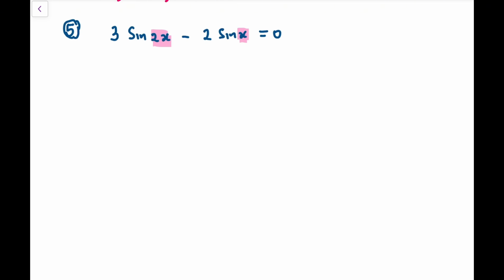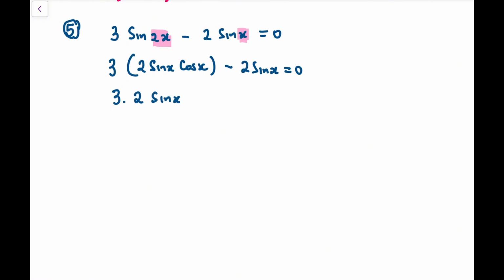So this is the same as 3 into, changing the double angle, sine 2x can be written as 2 sine x cos x, and then minus 2 sine x is equal to 0. So this is the same as 3 multiplied by 2 sine x cos x minus 2 sine x.